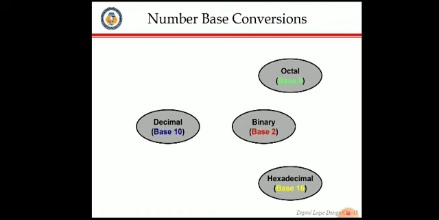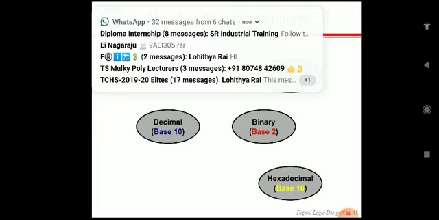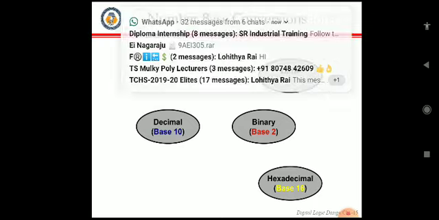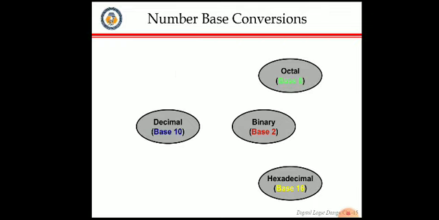The number systems, majorly, we have studied 4 number systems. The first one is the decimal number system. It is the well-known number system from our LKG. And the next, octal number system we have studied. Its base is 8.